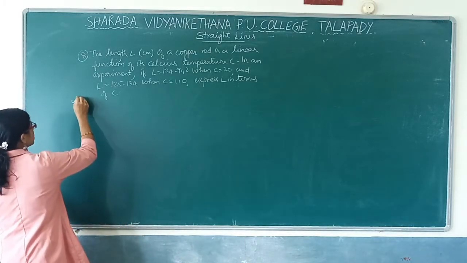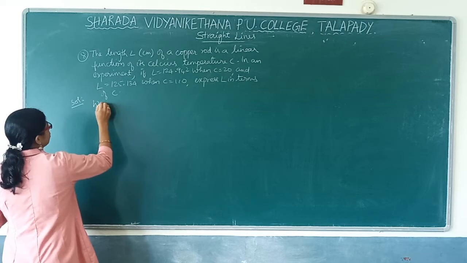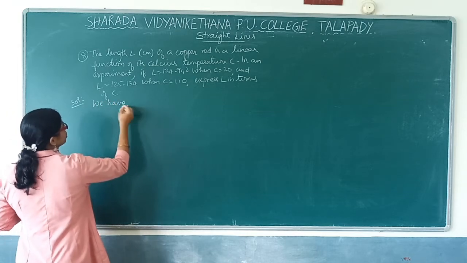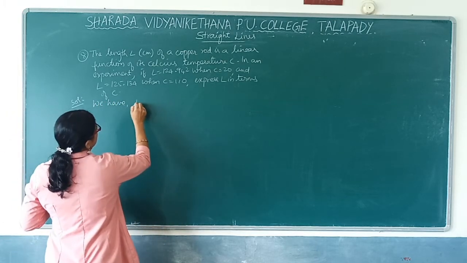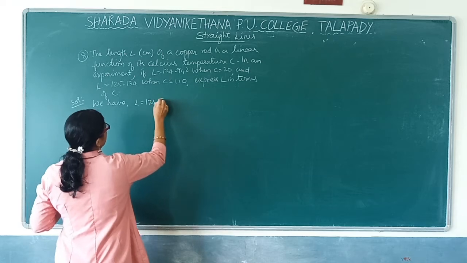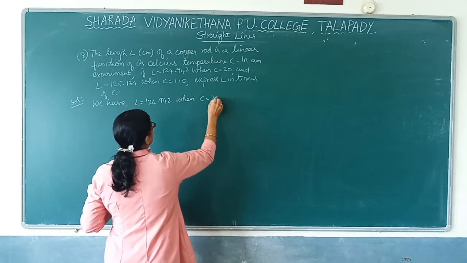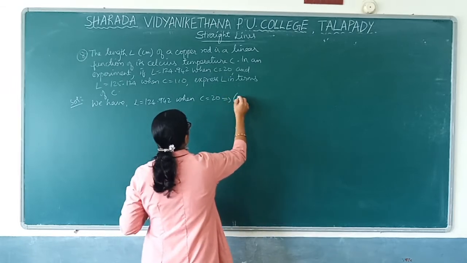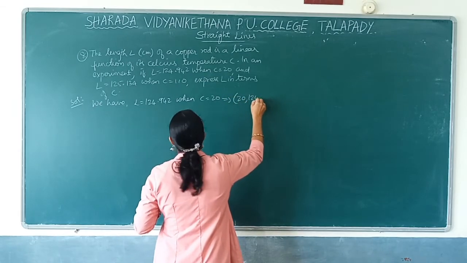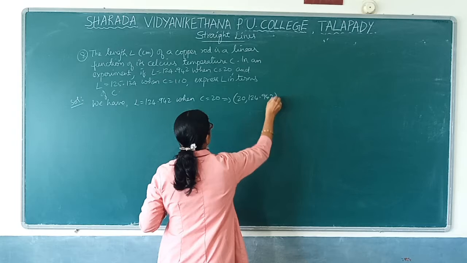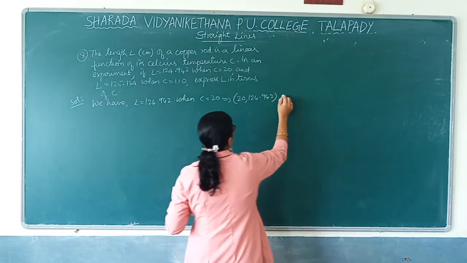So the solution we will start as, first we will mention what is given. We have L is equal to 124.942 when C is equal to 20. So it gives the point (20, 124.942). This is one point.